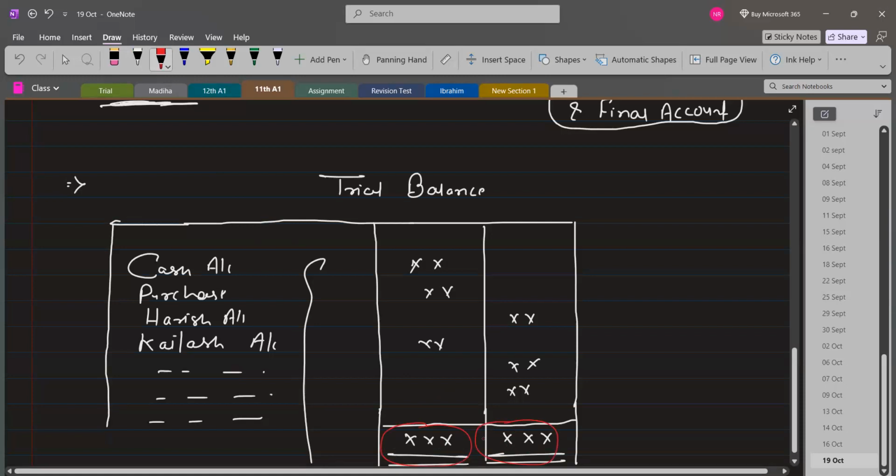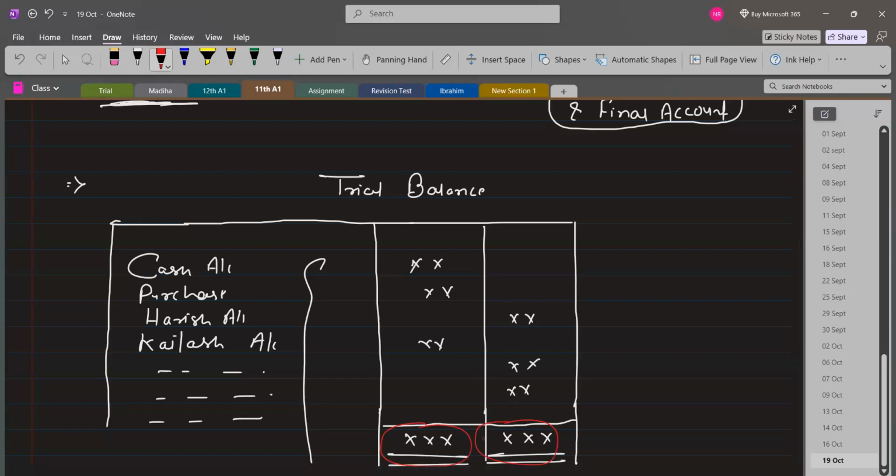It will affect both sides, so there will be no effect on total. Your total will match. So these kinds of errors are very difficult to find. But yes, we can find them by doing some rechecking, testing the solution.